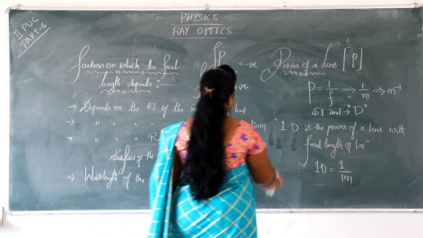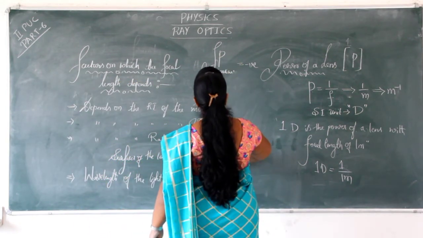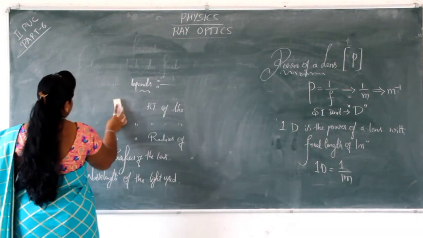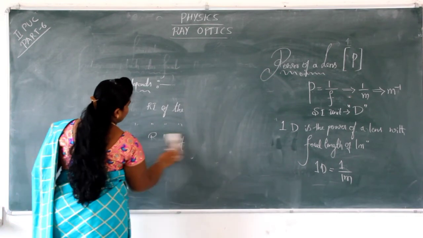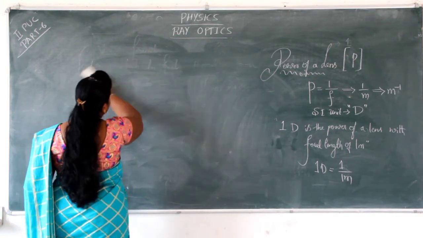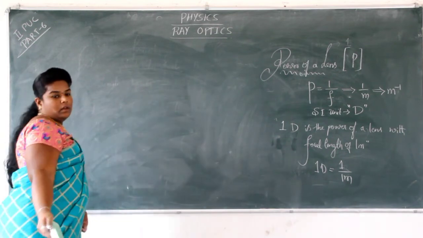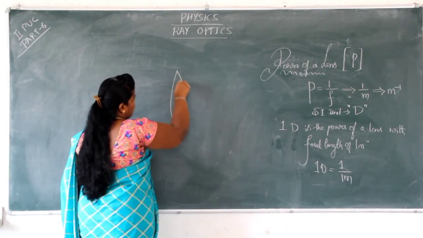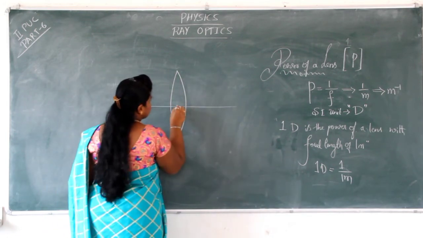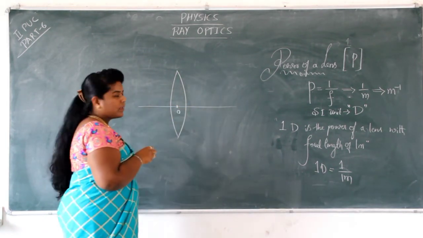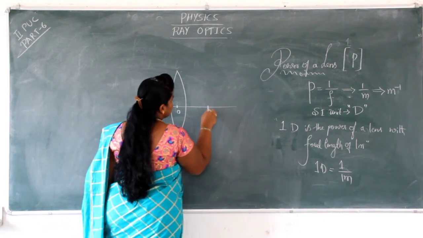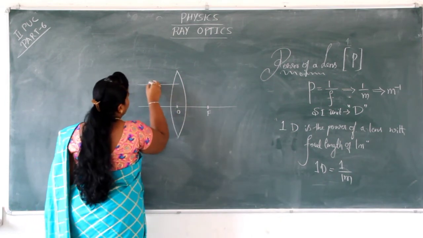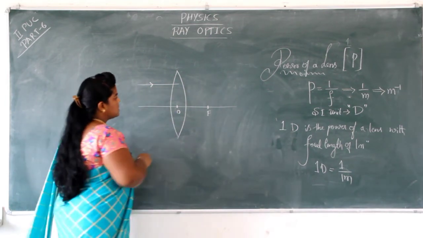Just by using a convex lens, which has an optic center O and a principal focus F. If I incident a parallel beam of light, then what happens?